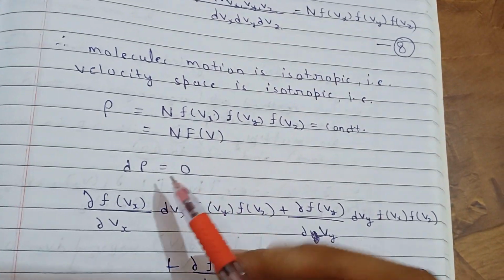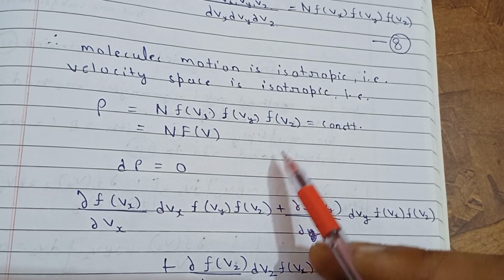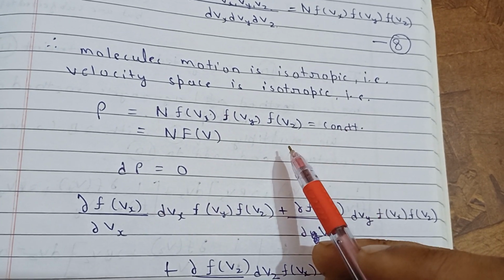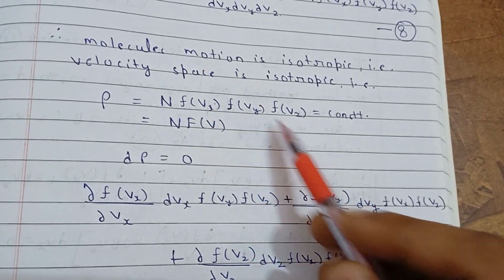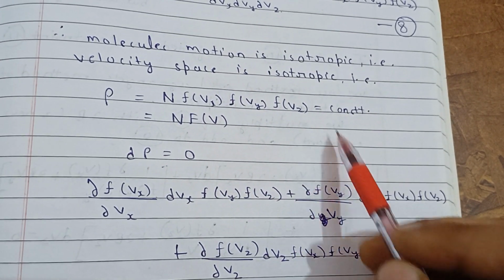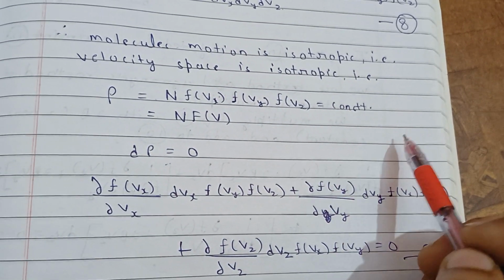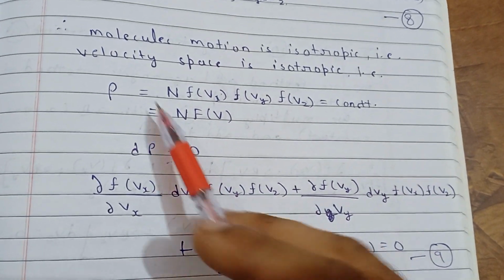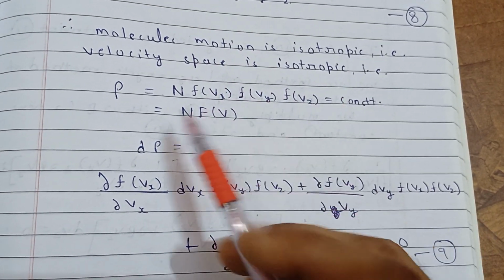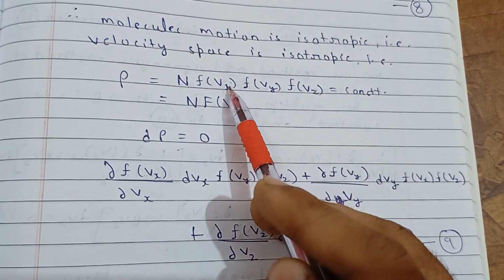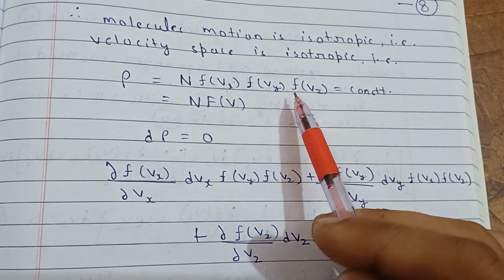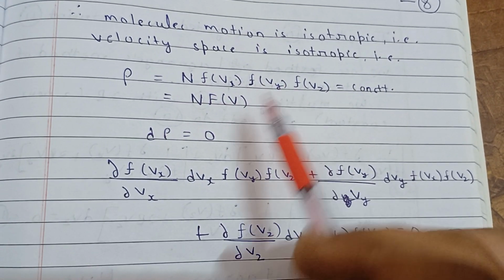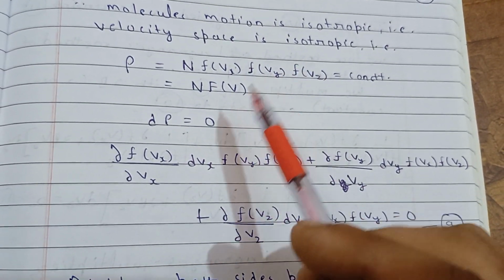If some function f depends on the independent variables x, y, z, then df is written as del f by del x dx plus del f by del y dy plus del f by del z dz. Same here: rho is a function of vx, vy, vz, so it will be del rho by del vx times dvx, and the same for del rho by del vy dvy, and all others will remain constant.